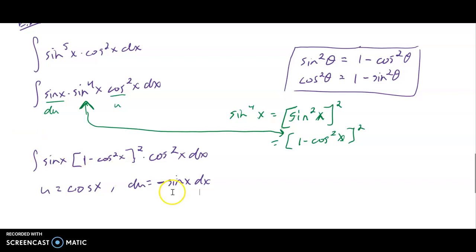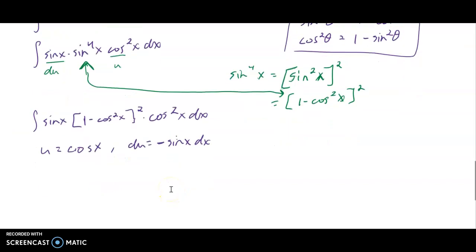All right, so notice we have a cosine and a cosine. That's going to get a u. And then I've got a sine that's going to be a negative du. So when I do all my substitution in, I'm going to put my negative from the du out front, integral. I'm going to save this piece for the end.